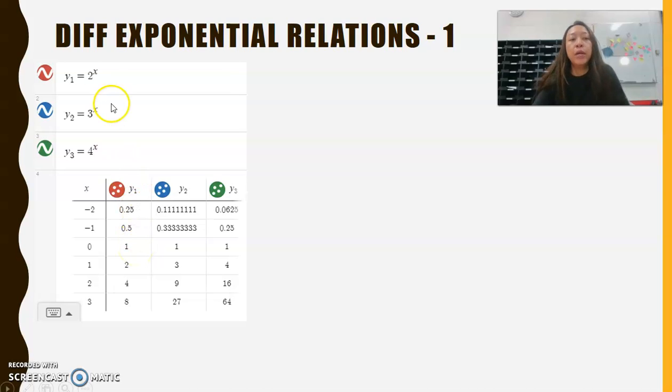If we look at the second equation, it's 3 power x. If we substitute the values of x into the second equation, we will get a set of y values as below. Of course, we will see that because the base number here now is 3, the values of y will treble. It will be times 3.